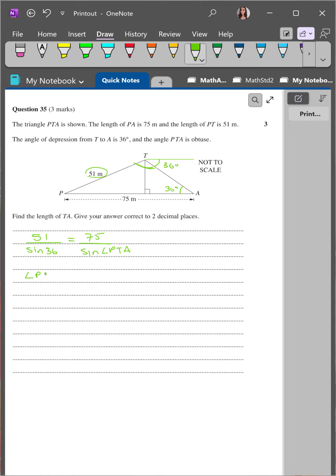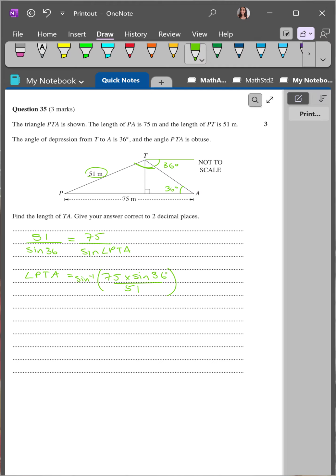Okay, so angle PTA is equal to, if we multiply the sine up here, and then we divide the 51 and multiply the sine 36 up to the 75, this will equal 75 times sine 36 divided by 51, and we'd need to do inverse sine to get that sine away from the angle PTA.